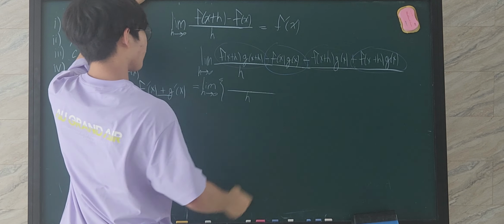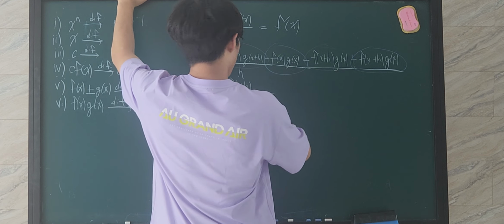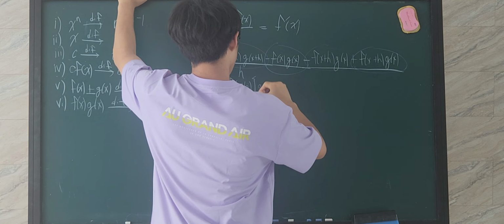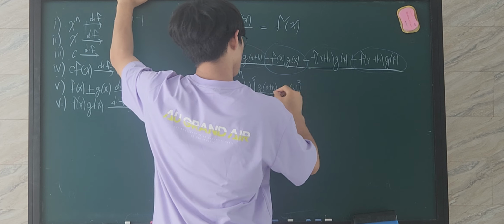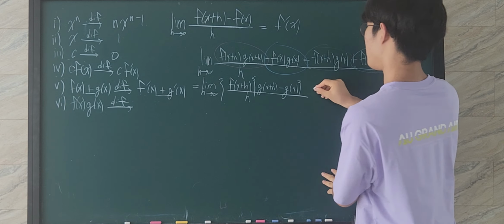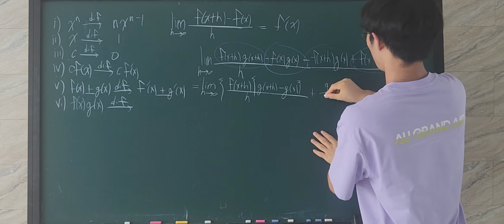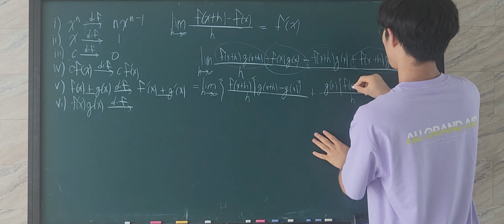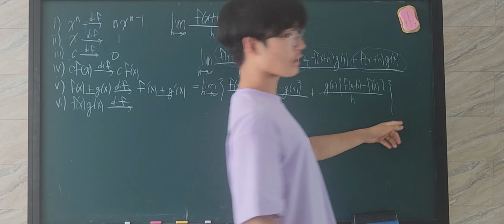So working on the red circle first, I'm going to factor out the common factor f(x+h), and then the big bracket, g(x+h) minus g(x). Just follow through. And then we see plus, over h, the common factor g(x) for the blue circle. So g(x), open a big parenthesis, and then f(x+h) minus f(x), closing parenthesis.